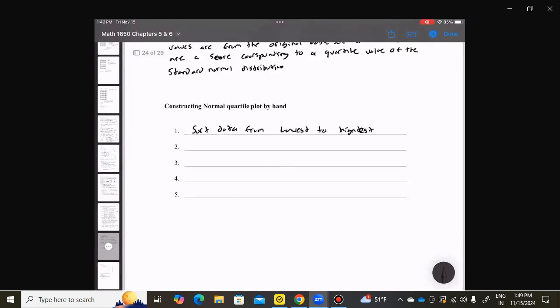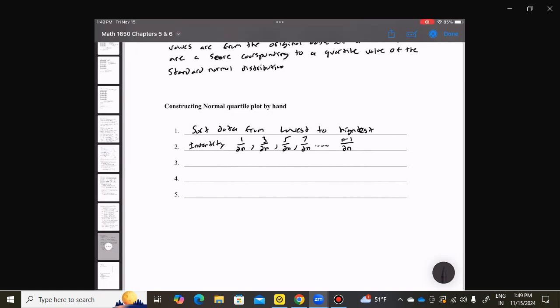Then we're going to identify 1 over 2n, 3 over 2n, 5 over 2n, 7 over 2n, and upwards until we get to 2n minus 1 over 2n.